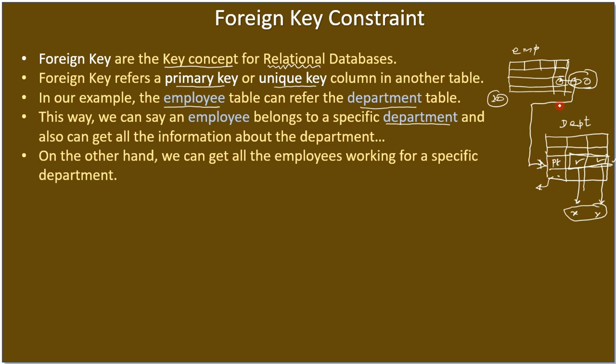So you can go in the reverse direction also, right? One specific row can be referred to by multiple rows in the employee table. So if you travel back, you can state that there are 20 employees in this specific department, all employees working for a specific department. Both we can achieve using the primary foreign key relation.